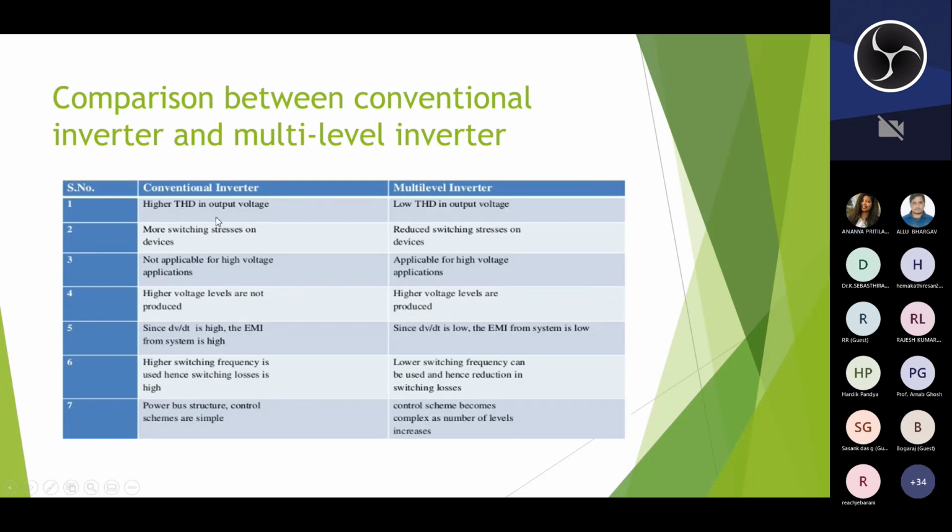With multi-level, obviously THD will be low, switching stresses are reduced, and it suits high voltage applications, with levels increasing, like 5 levels, 6, 7 levels, starting from 2 level. dV/dt will also be decreased. The disadvantage of this control scheme is that complexity will be more.